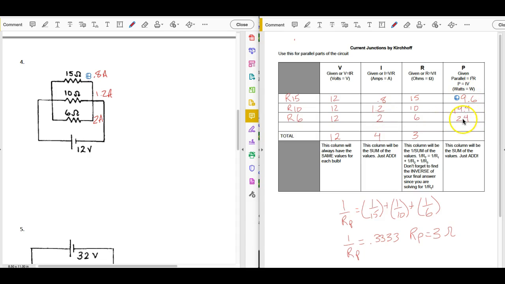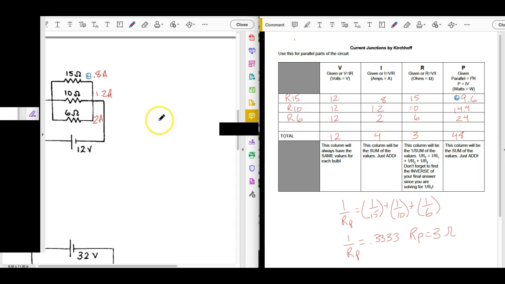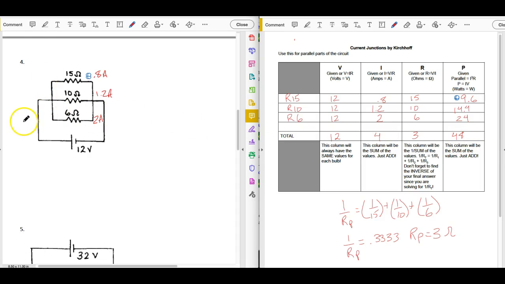If I add these up, it should equal the voltage times the current in the total circuit. So 12 times 4 would be 48, and if you add these up, you'll see that you also get exactly 48. So let's put the power in. We know the power in the entire circuit is going to be 48 watts.